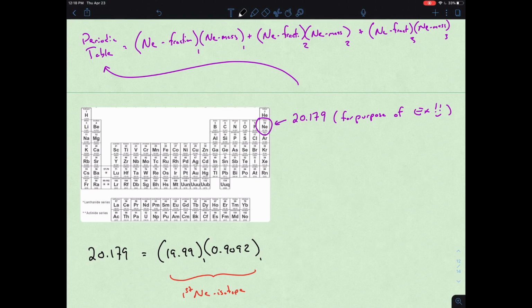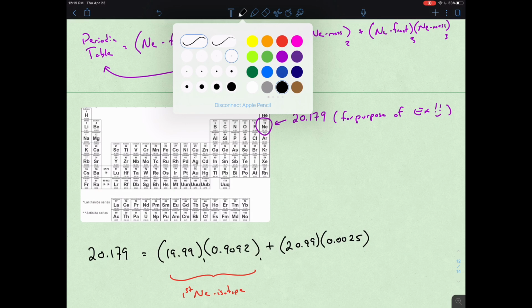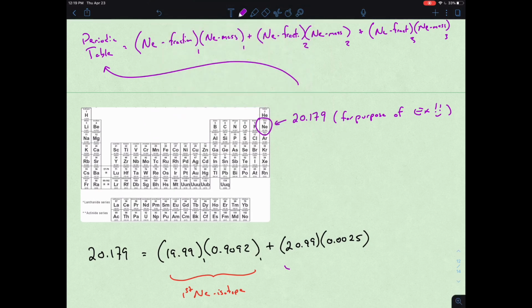And notice that now we're not using the percentage in terms of that number 90.92. We're using its fraction, 0.9092. Then we have the second one that weighed 20.99. And so we would be at 0.25% or 0.0025. So that's our second isotope of the neon.